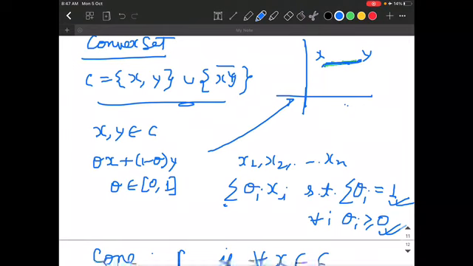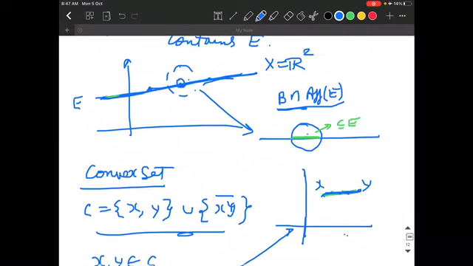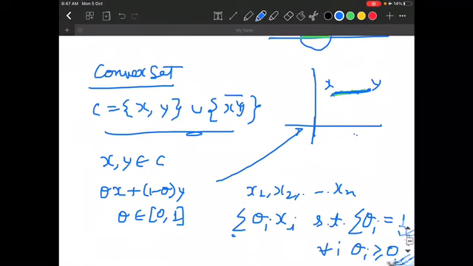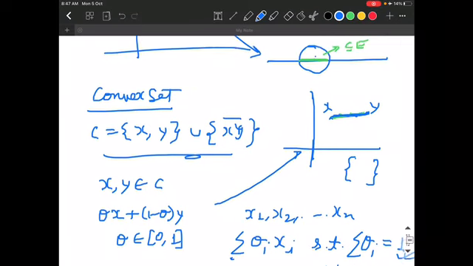Interestingly, other than the empty set, any singleton set is affine, because there is no second point to take the affine combination.